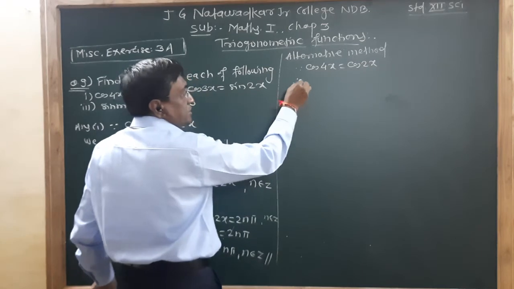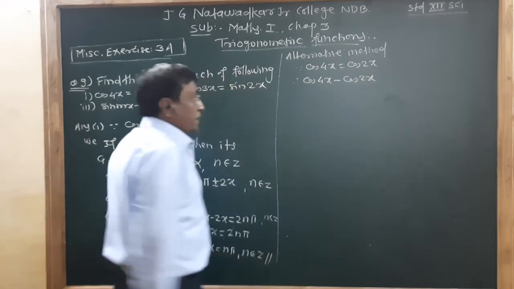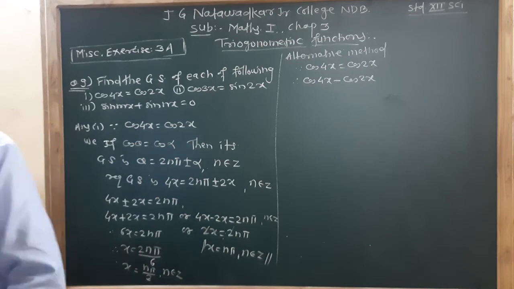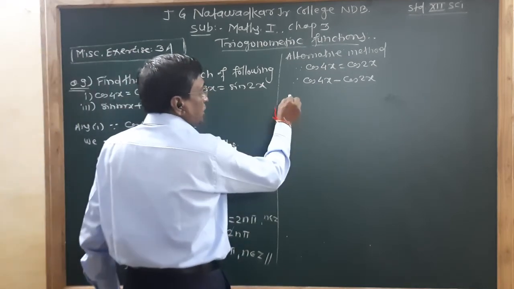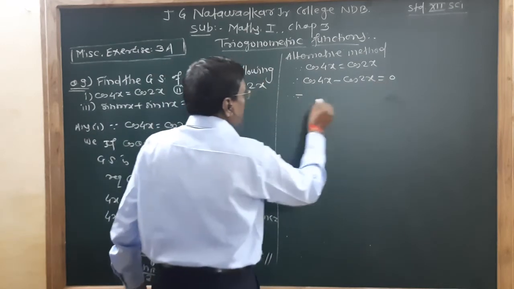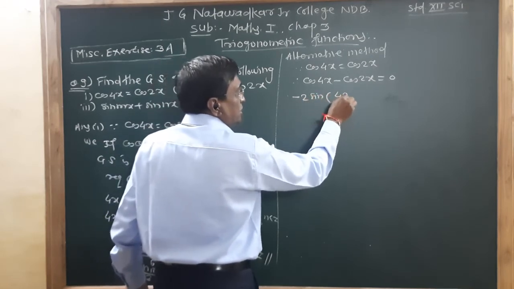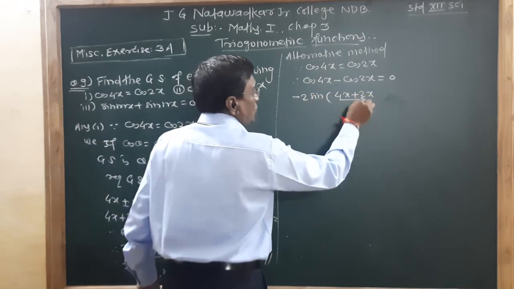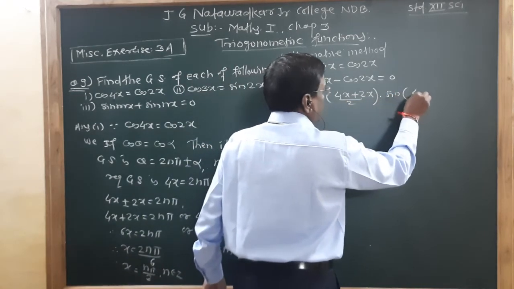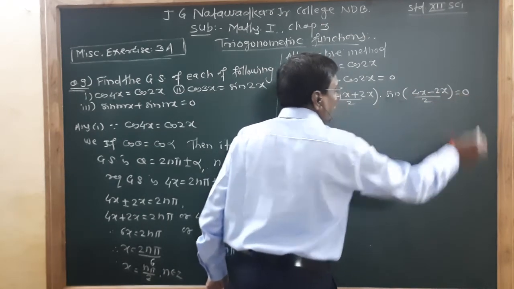I will simplify this: cos 4x minus cos 2x is equal to 0, which compares to cos C minus cos D. The formula for cos C minus cos D is minus 2 into sine of (C plus D) upon 2 into sine of (C minus D) upon 2. So minus 2 sine of (4x plus 2x) upon 2 into sine of (4x minus 2x) upon 2 is equal to 0.